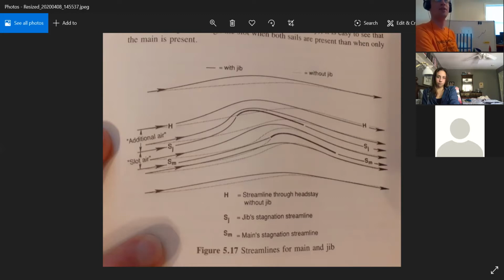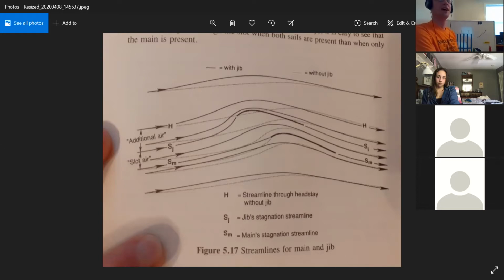We have to be a lot more careful with how we're trimming it, because it's a lot easier for it to stall, and we realize we're not going as fast as everybody else, even though we're trimmed exactly the same. Yes, Lucy knows. But it's not something we typically are worried about in the FJ.